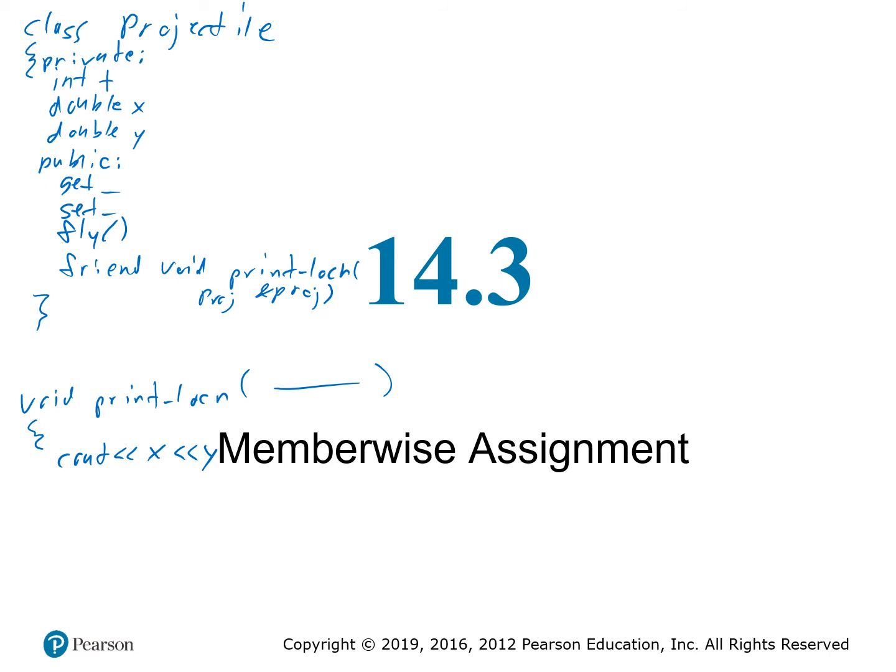Well, we would have to say, if this was projectile and proj, then we could say cout proj.x and just refer to it that way and not have to use the getter functions and setter functions and all of that.